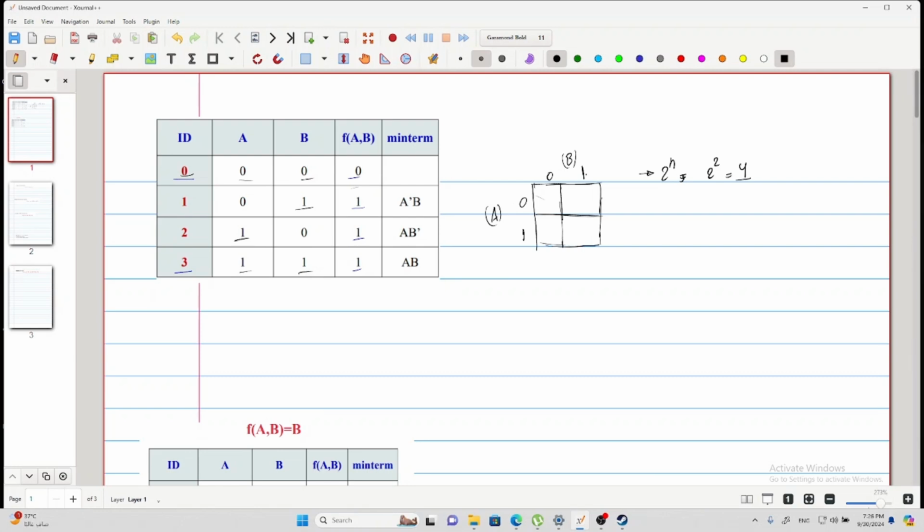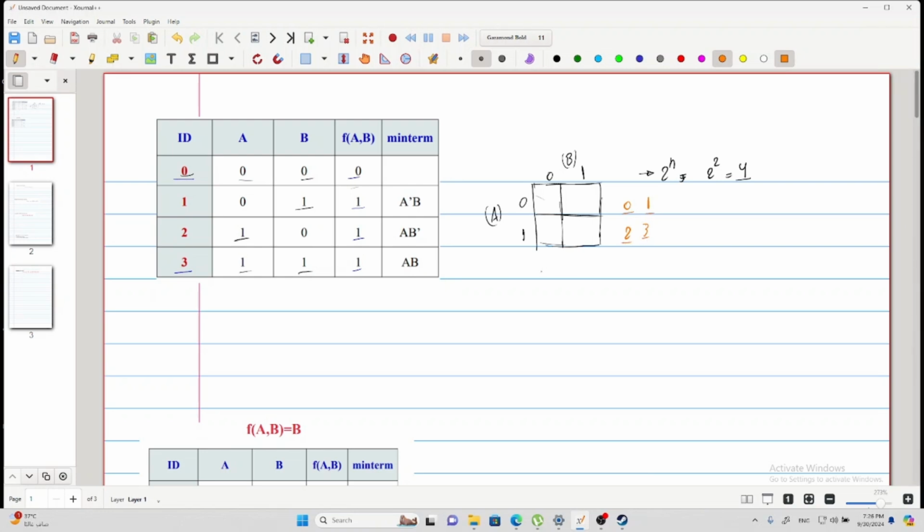Then I would like you to write this. This is a personal method I use to not get confused, especially when variables get a bit larger. When you get to 3 or 4 variables, I like to use this method. The method is very simple. First, you write on the side of the table 0, 1, 2, 3.